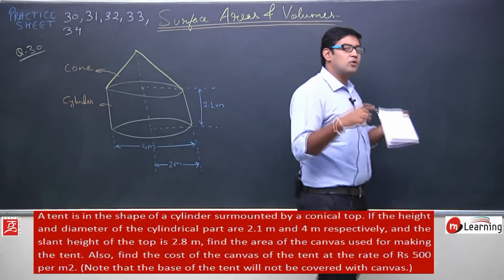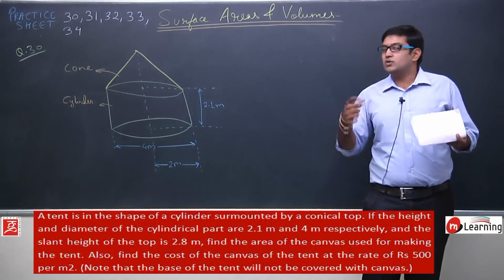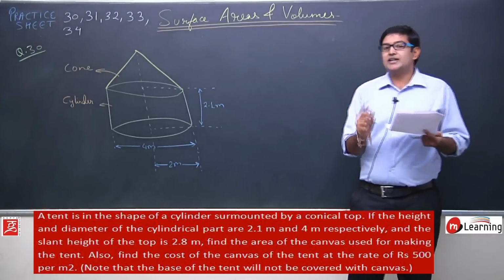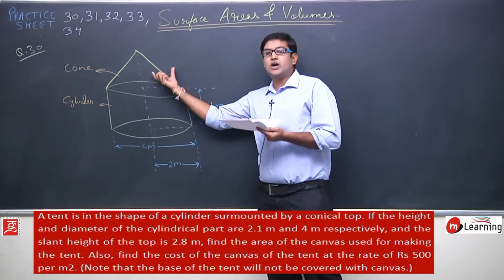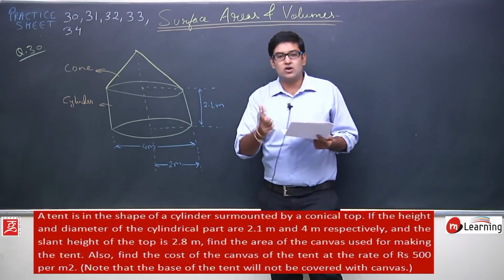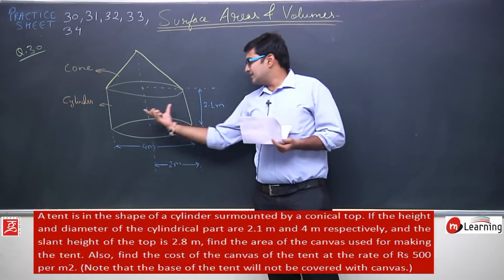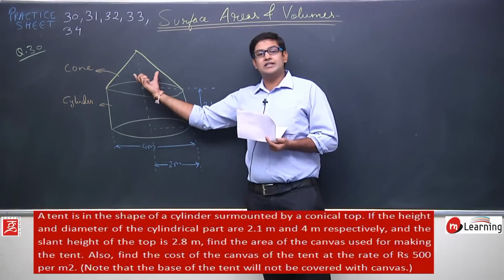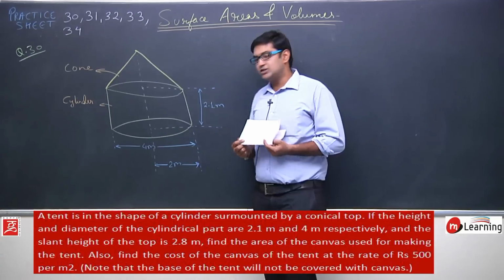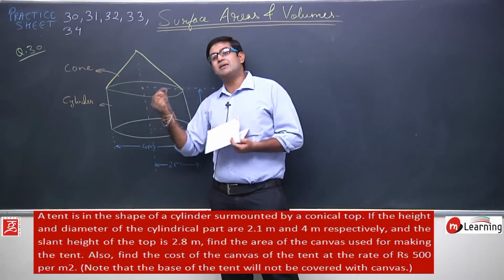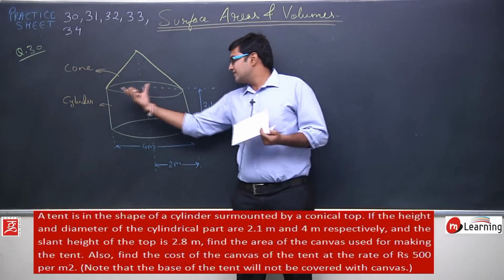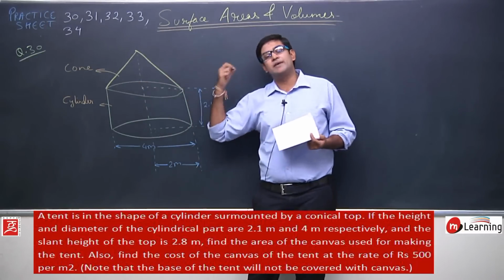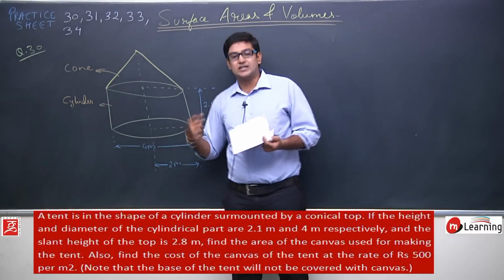The radii of both cone and cylinder are the same. You can assume this because it is not given in the question that this conical top has some other radius. It simply says that this cylinder is surmounted by this cone. So, I can assume that both of them have the same base area, or I can say the diameter of this conical top is also 4 meters.